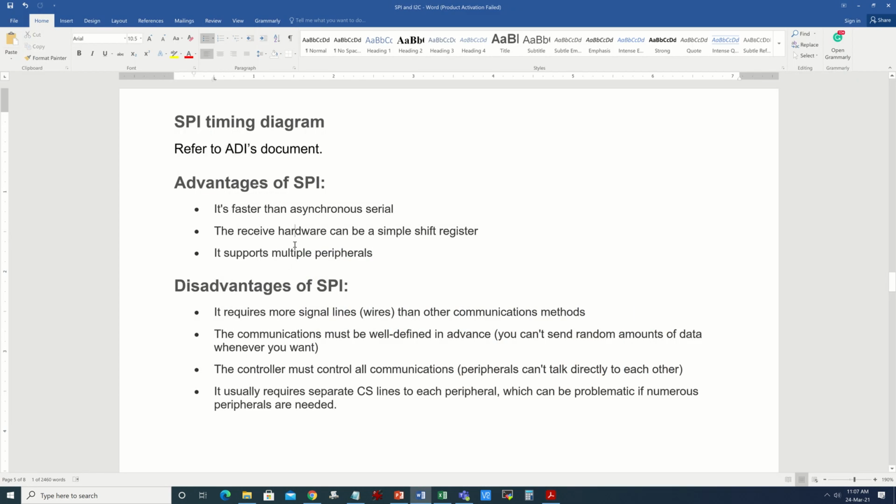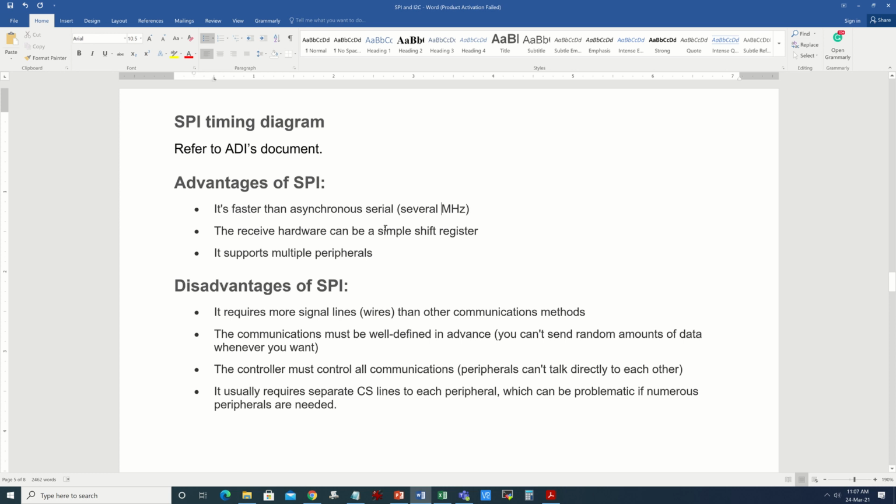Now, some advantages and disadvantages of SPI communication. SPI is faster than asynchronous protocols. Typically, it works very easily up to several megahertz. The hardware for SPI is quite simple because you don't have to identify start and stop bits and sample at the middle.